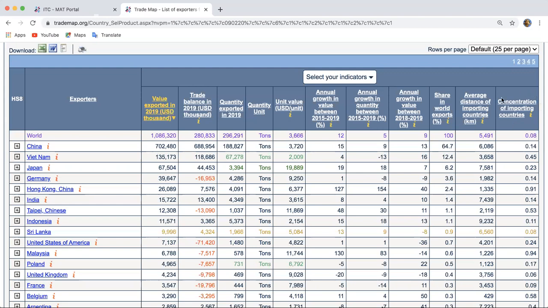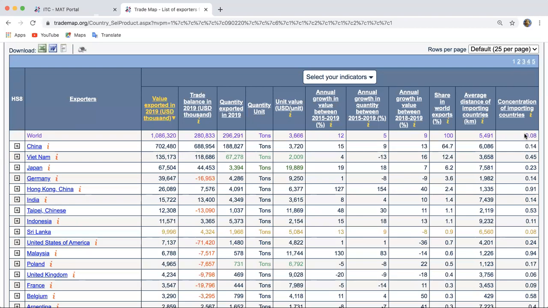Then we also have concentration of importing countries. This is actually an index which ranges from 0 to 1, and it's called the Herfindahl Index. And it indicates if these exporters supply to concentrated markets or not. So if this number is between 0 and 0.1, it means that the importing countries are not concentrated at all, which means that they're exporting to many different countries.